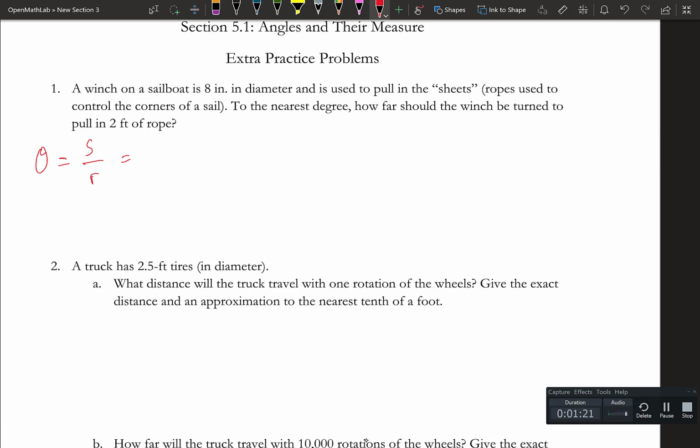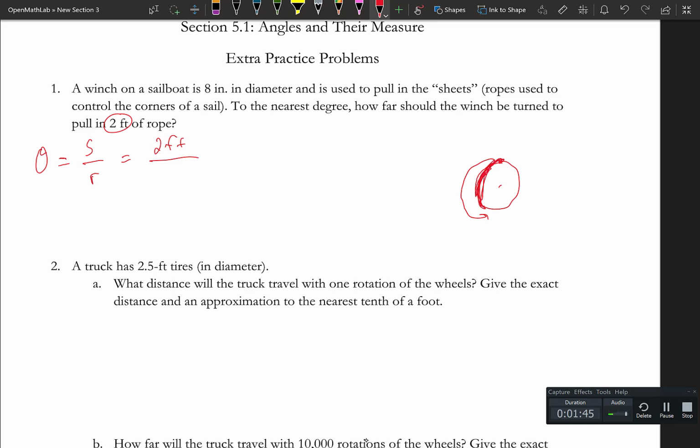So the arc length that we would have here would be the 2 feet, because that's what we're trying to pull in on the rope. If you have a winch here, and the rope's touching this, and you turn this, the rope that comes in would be kind of like an arc length.